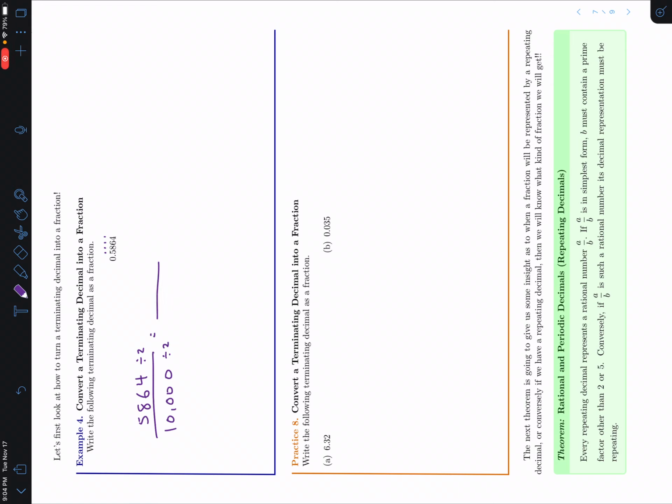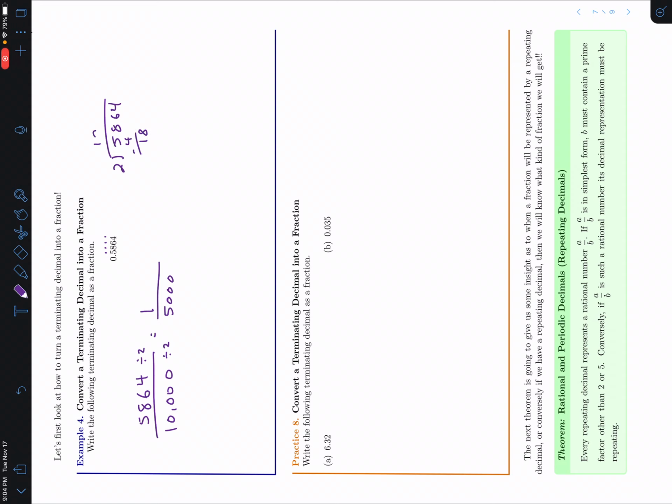So the bottom's easier because it's going to be just 5,000. So if I divide the top, 2 goes into 5864 once, 2 goes into 18 9 times. Leaves a 0. Bring the 6 down. 2 goes into 6 3 times. Another 0. Bring down the 4, 2 times.